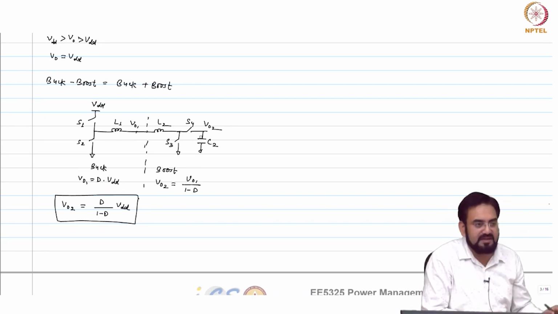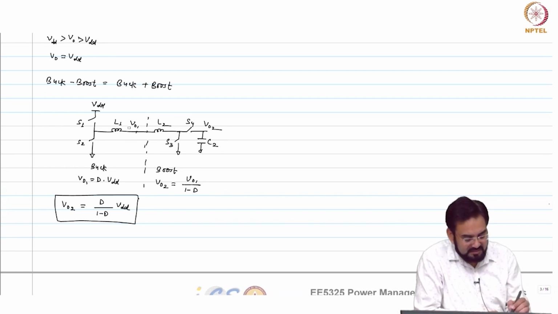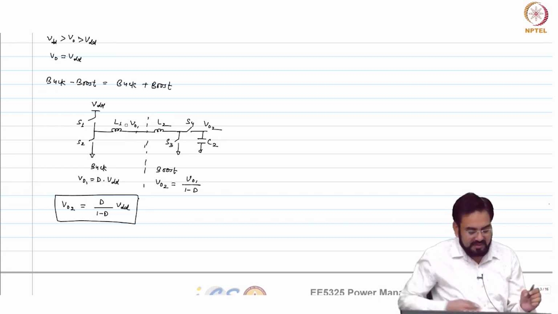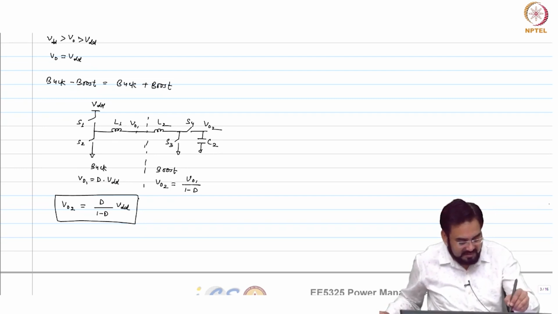And now two inductors are in series. I can combine them and make them into a single one. So let me just do this.